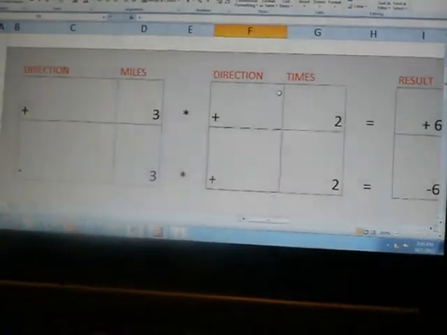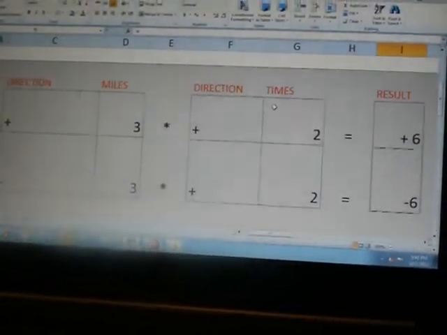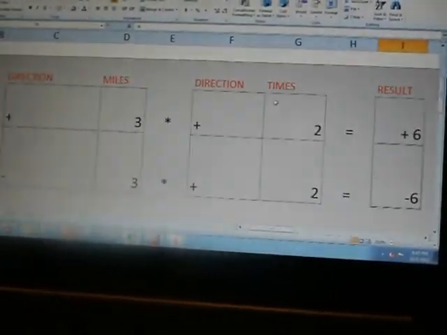So coming to the next formula, minus 3, that is 3 miles toward office in the left direction, and you have to do the same because it's plus, and you have to do 2 times, then you will reach 6 miles from home in the left direction toward office.